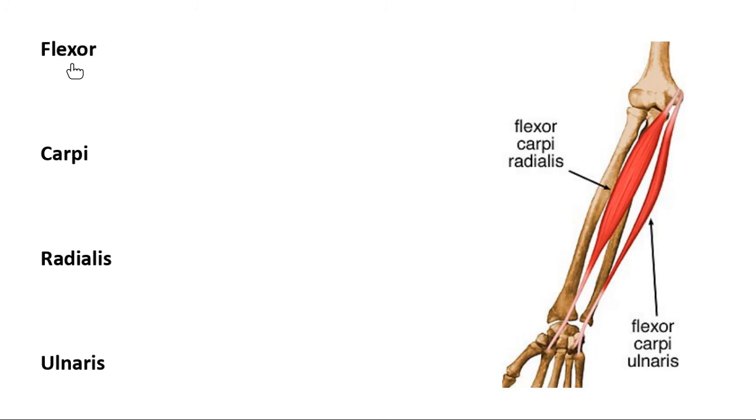When we talk about a flexor muscle, we are now describing the action of the muscle. So we're going to talk briefly about muscle actions in a moment, but this word flexor looks a lot like the action word called flexion.